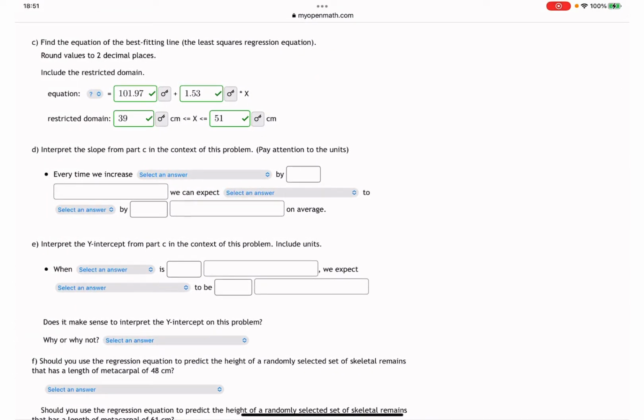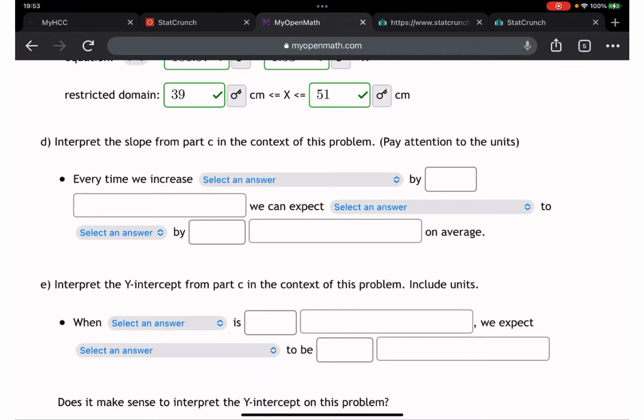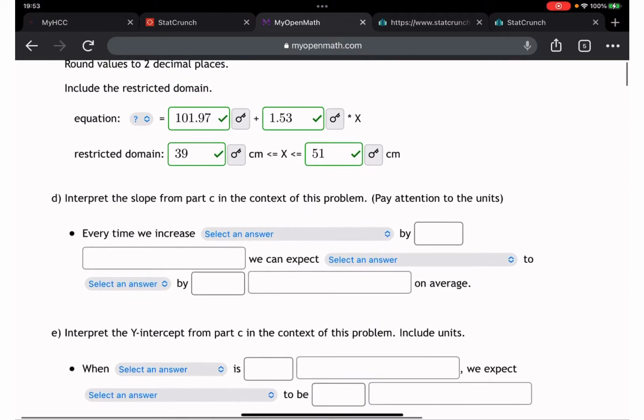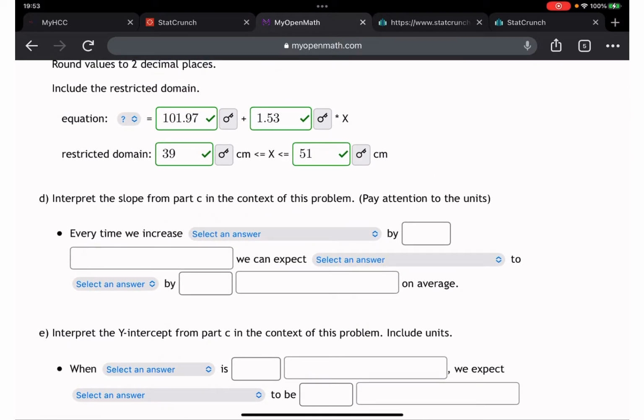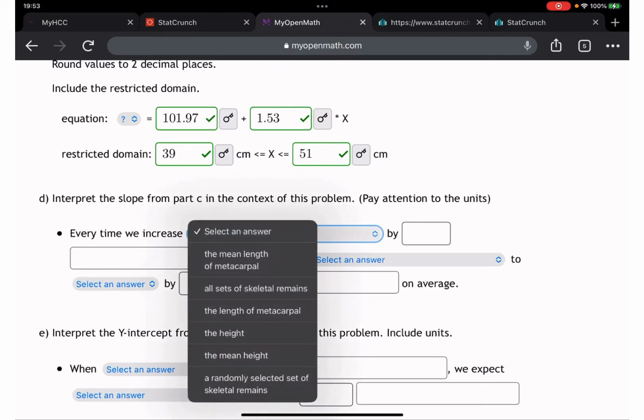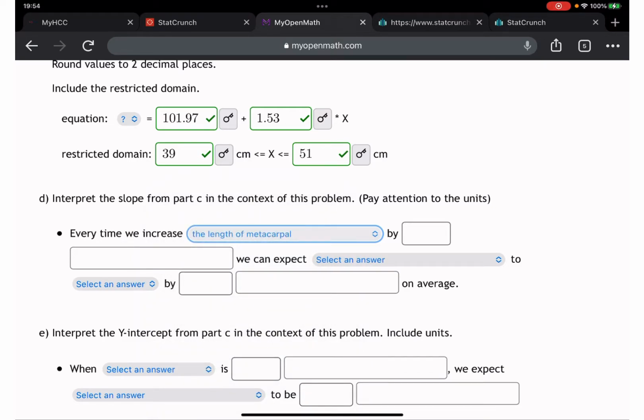Moving to next. That is going to be D. Interpret the slope from part C in the context of this problem. Okay, every time we increase the length of metacarpal, because our x is the length of metacarpal, right, by 1.